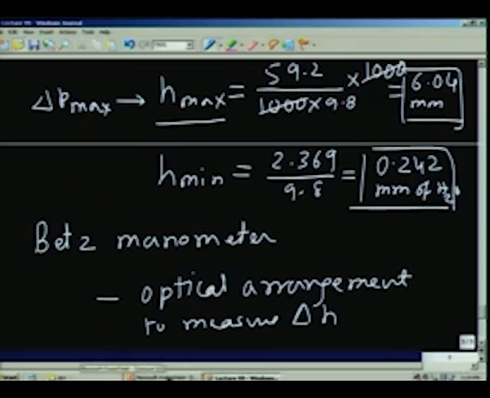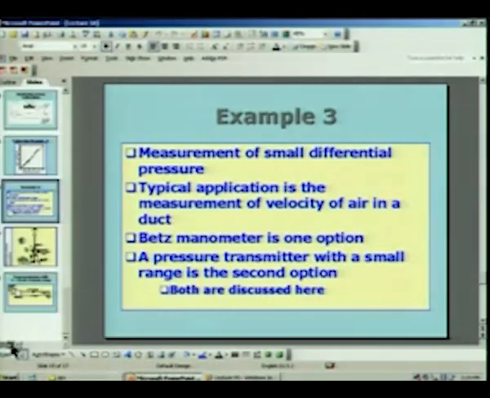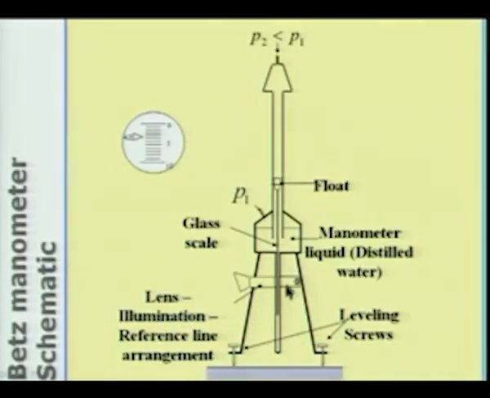So, let us look at a typical schematic of a Betz manometer. It is basically a well type manometer. Instead of a U tube, there is a vertical tube sitting in the well.